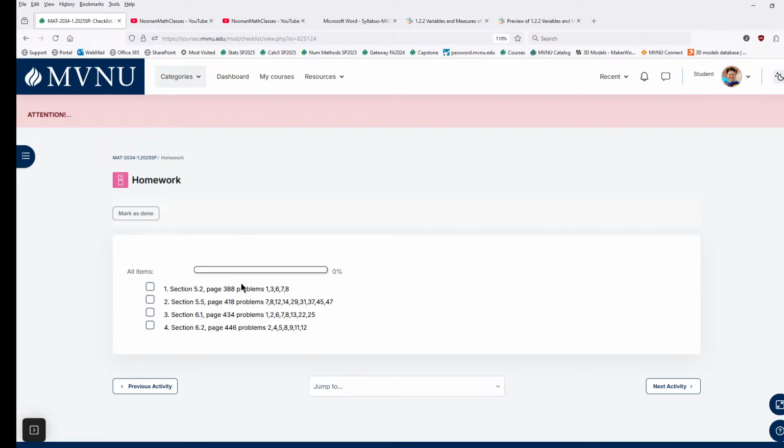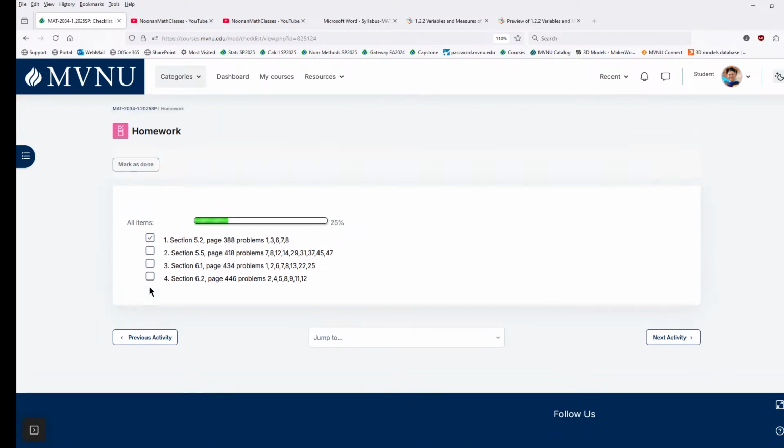Okay, so on Monday, I didn't put dates here because things tend to shift a bit. But you can see on the homework, you have these little check boxes. You can check them off. Oh, I'm at 25. Obviously, this list will get longer. But you could check them off and keep track of the ones you've done and the ones you haven't done.